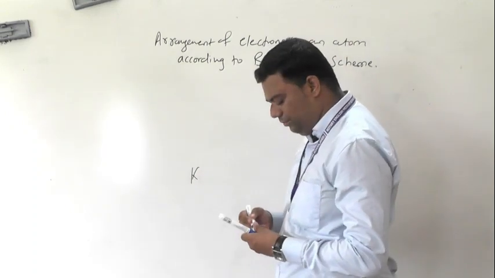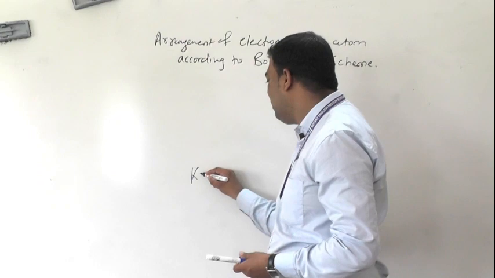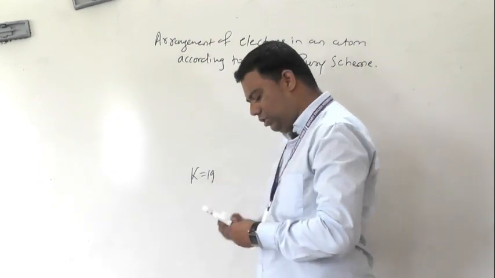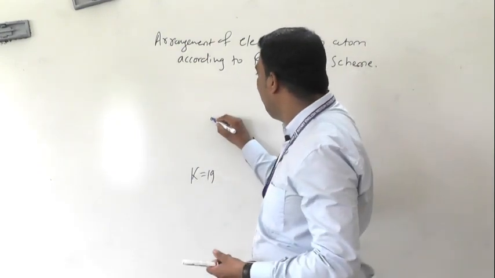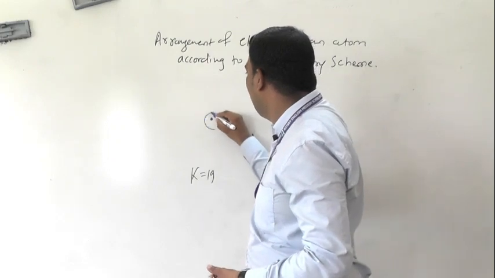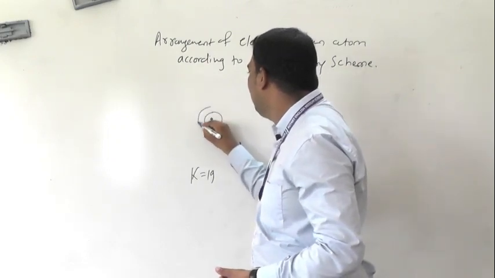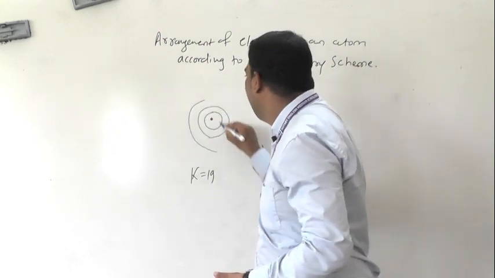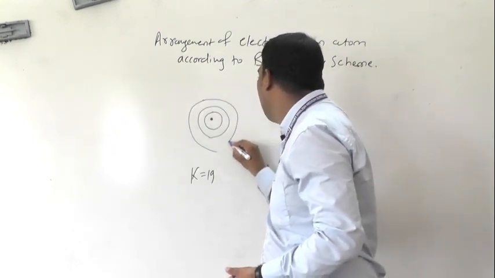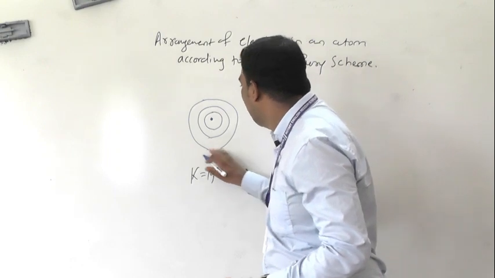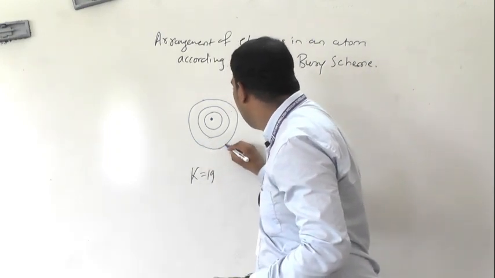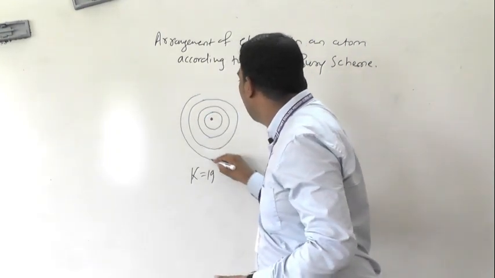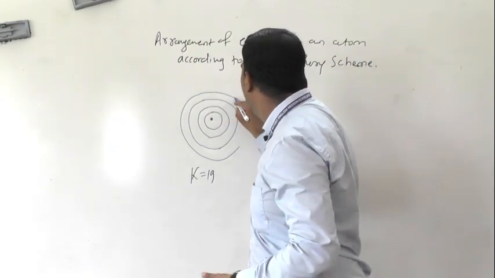So see, potassium has atomic number 19. Here is your nucleus, then the first shell, second shell, third shell, and then the fourth shell.